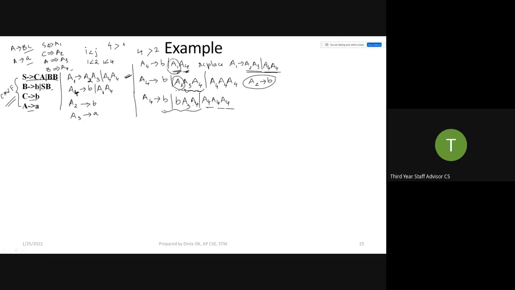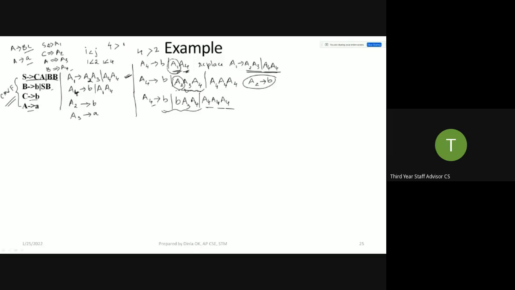So this is a left recursion. Left recursive grammar, because here we have A4, so here we have the value, and I as 4, I is 4, then J is also 4.